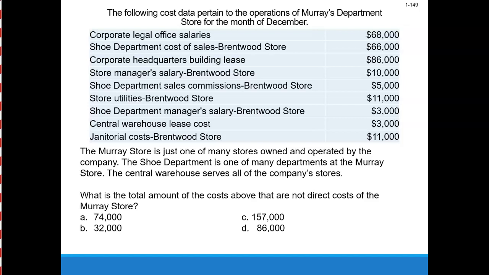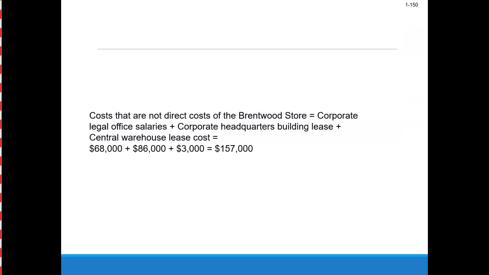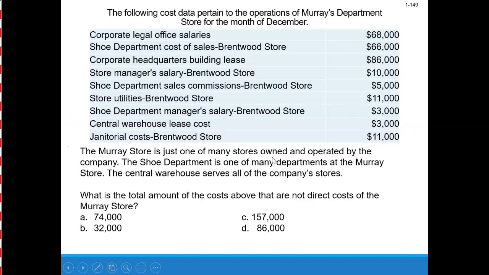And the corporate legal offices, that wouldn't be direct costs of just this store, would it be? Or would the corporate headquarters, would that be a direct cost? No, it wouldn't, right? So wouldn't it be the corporate legal office salaries and the corporate leasing building and the warehouse lease costs? If you total that up, that $157,000 are not direct cost of Murray store. Make sense, guys?